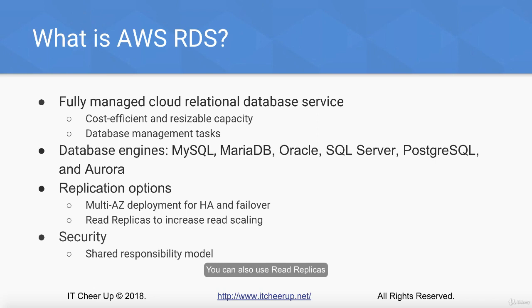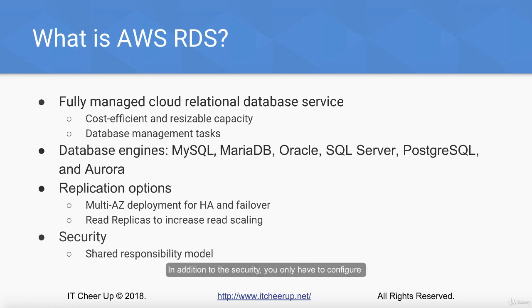You can also use read replicas in MySQL, MariaDB, or PostgreSQL to increase read scaling. We will have one lecture to compare the difference between multi-AZ and read replicas and how to work them together to improve your production environment.